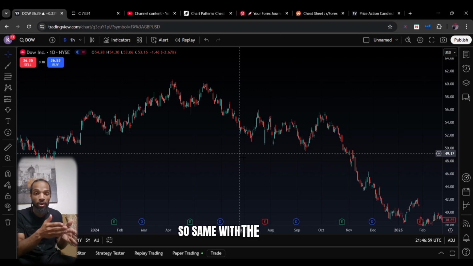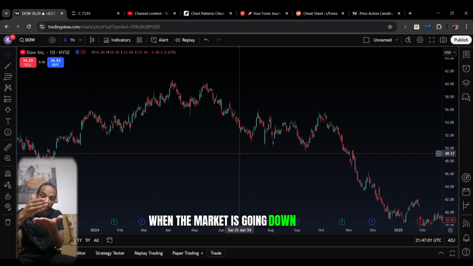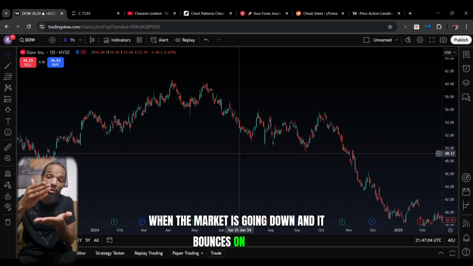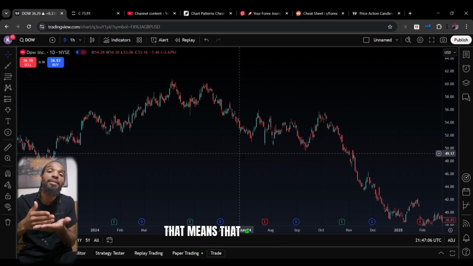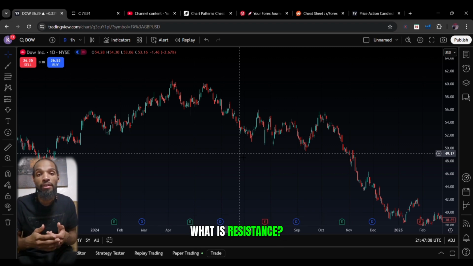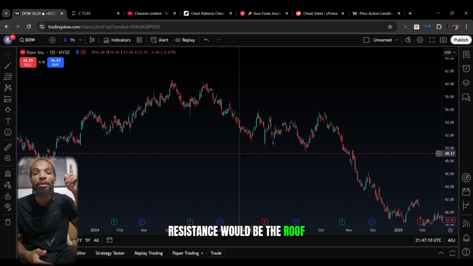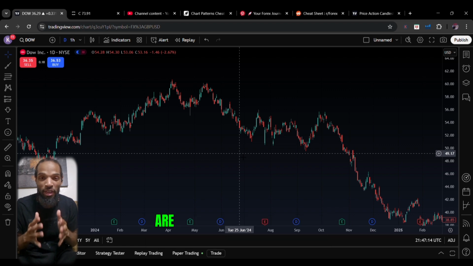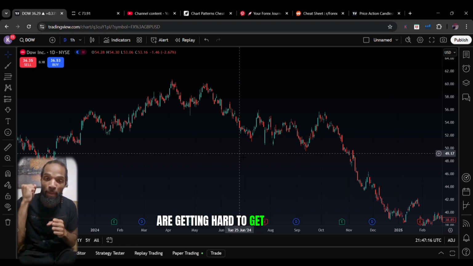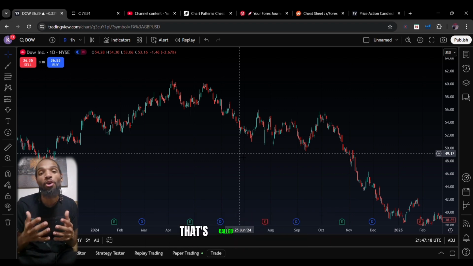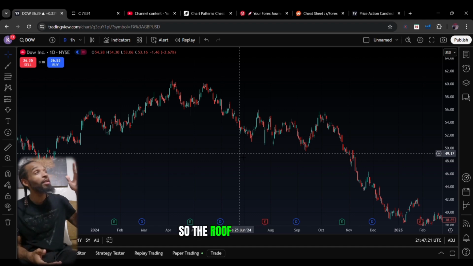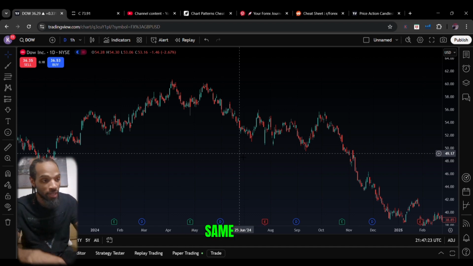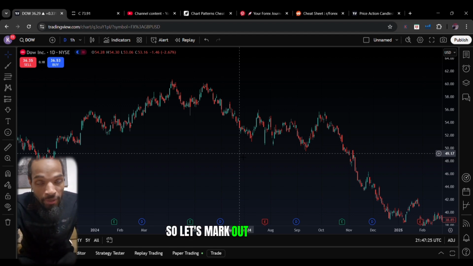Same with the market. When the market is going down and it bounces on a level, that is the support. What is resistance? Resistance is the roof. Whenever you're trying to reach for higher heights and it seems hard to get past those heights, that's called resistance. So the roof is resistance. Same in here. So let's mark out some levels.